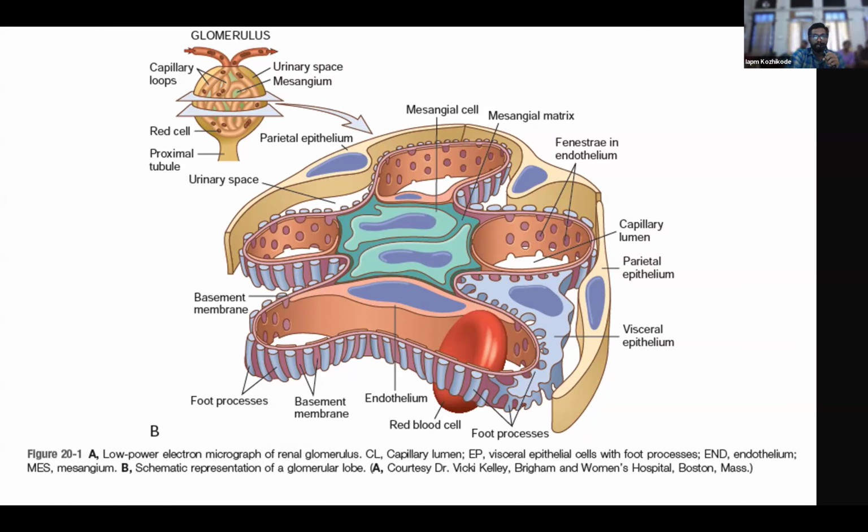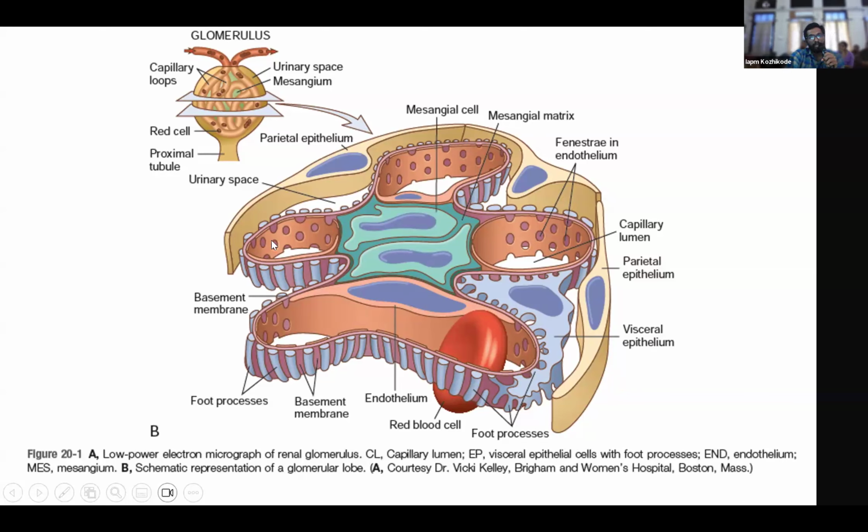When it is coming here, it goes over these mesangial cells into the next capillary loop. There is no basement membrane here. So the basement membrane is enveloping the fenestrated endothelium, and it just goes over the mesangial cells into the next loop. That means there is no basement membrane in this area.